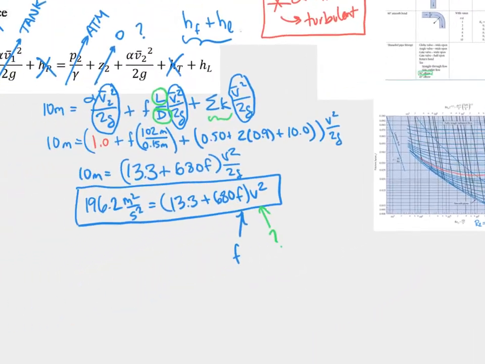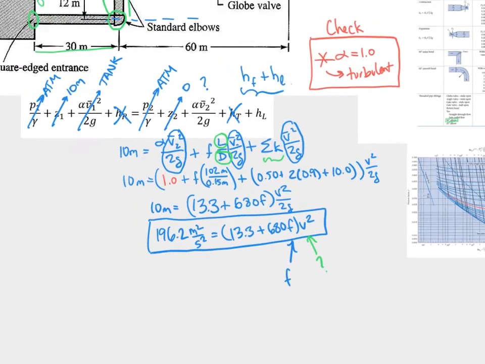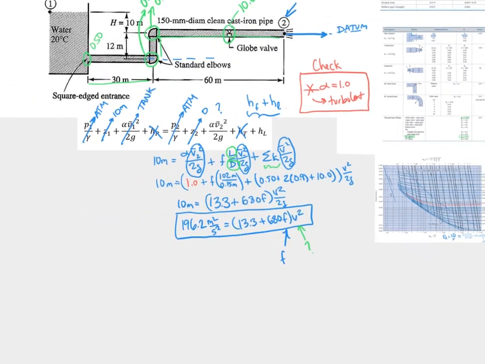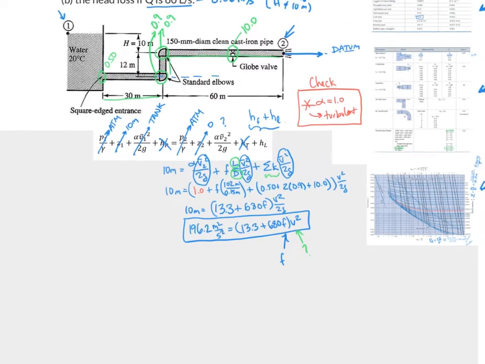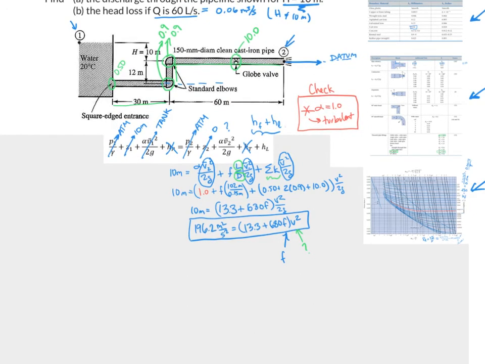So if I go back to my original situation here, here's my equation. Hopefully you understand at this point that this is a type 2 problem, so you need to set up your iteration.